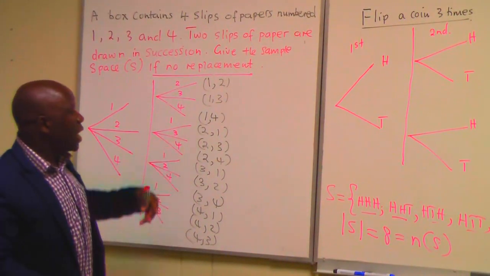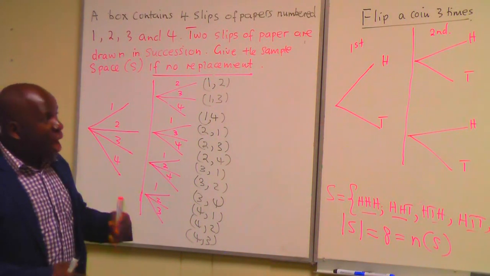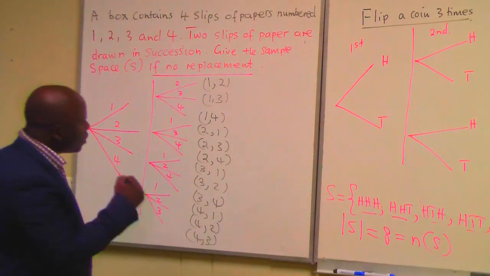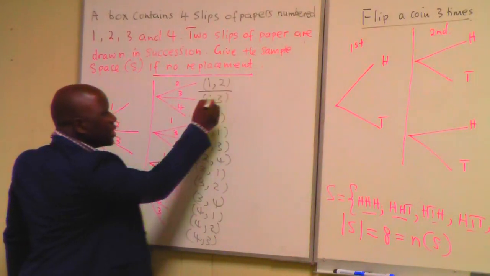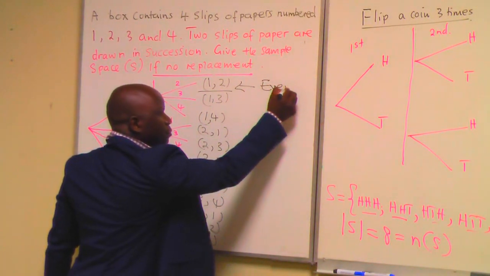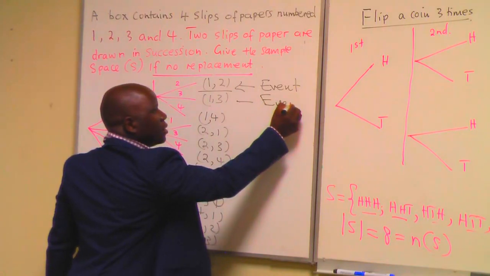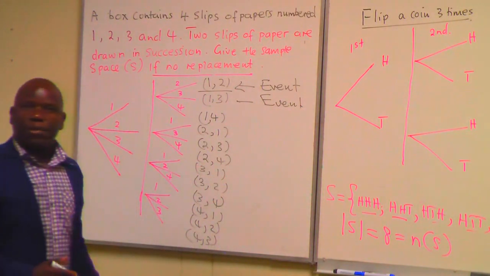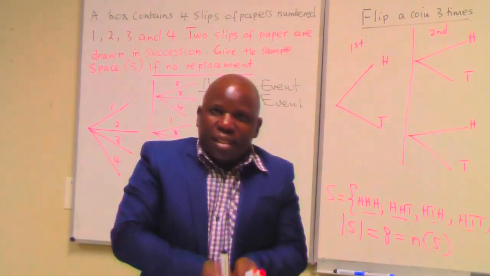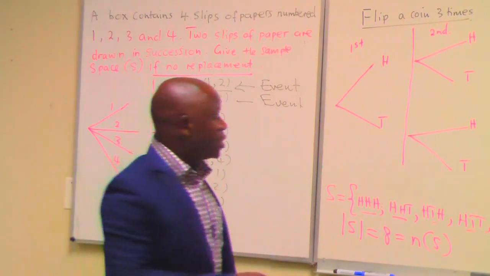You are going to see in our subsequent discussion how this idea of a sample space will help us. And I want you to take note that each of these is called an event. This is an event, this is an event, and so forth. You would appreciate that an event is a subset of the sample space.